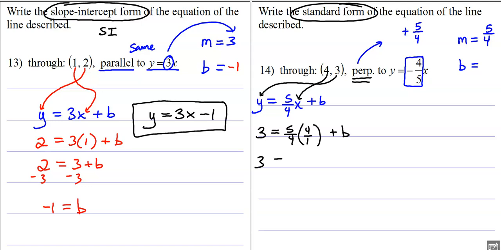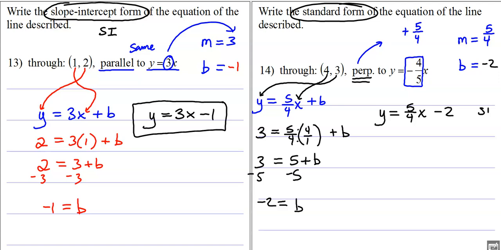And I get 3 equals, and that comes out to be 20 divided by 4, which is just 5, plus b. Again, I showed you how to use your fraction button on the calculator, so you could just use your calculator there if you need to. Minus 5 from both sides, I get b equals negative 2. So we should be able to get started now with slope-intercept: y equals mx plus b.